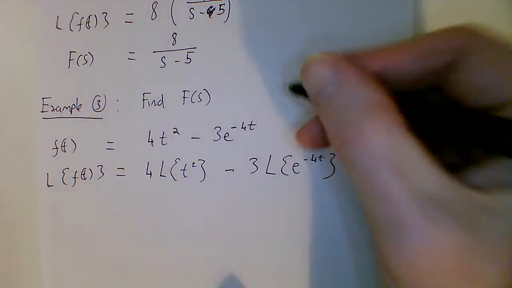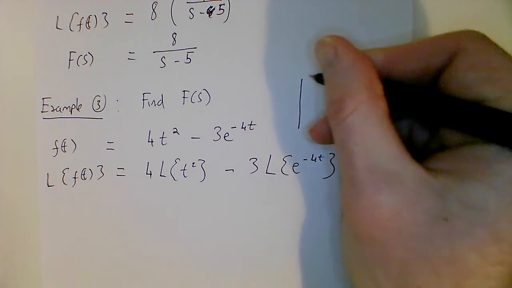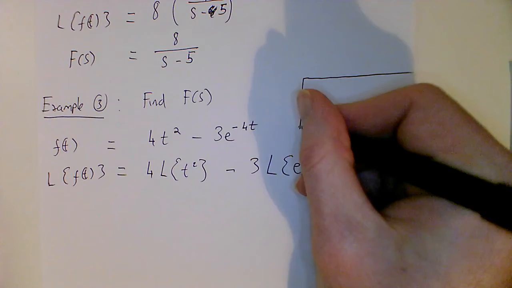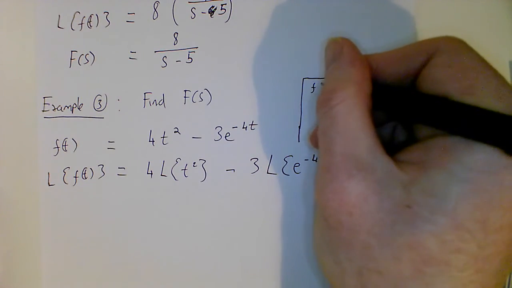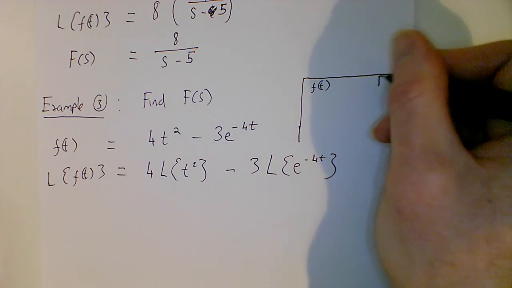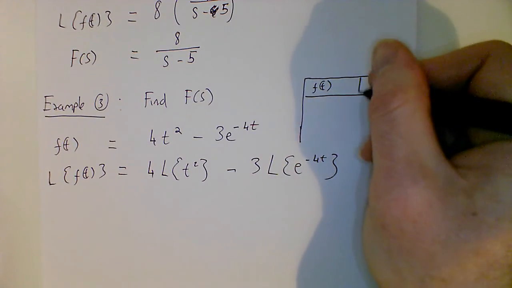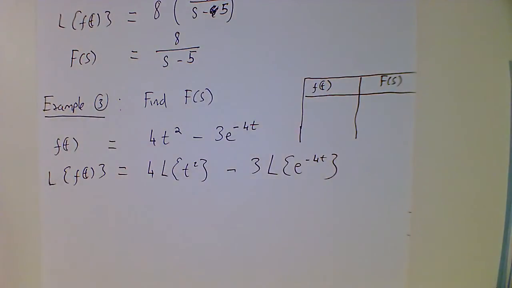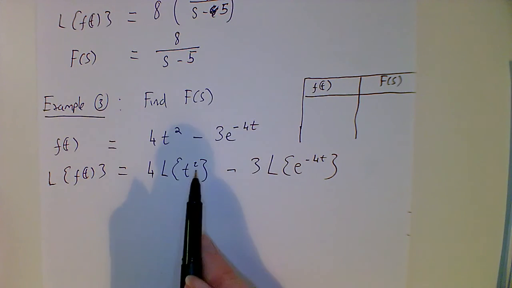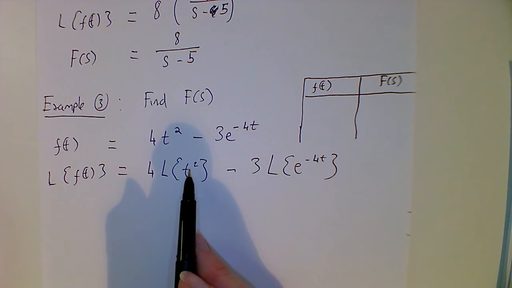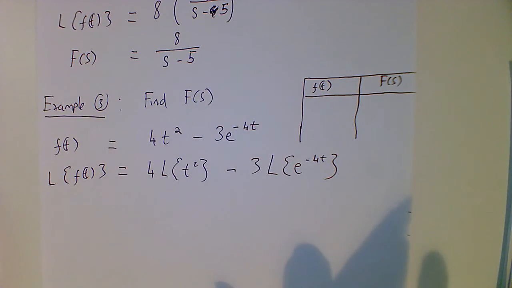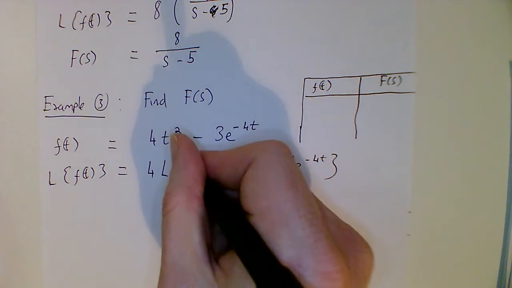Okay, I'm just going to write the Laplace transforms I'm going to use up here. So you go to your table, and I want a Laplace transform involving t squared. I've got one for t, but that's no use to me because I've got a different power.